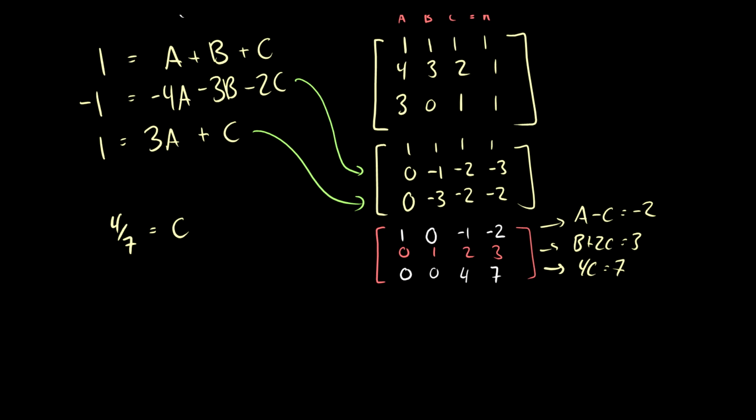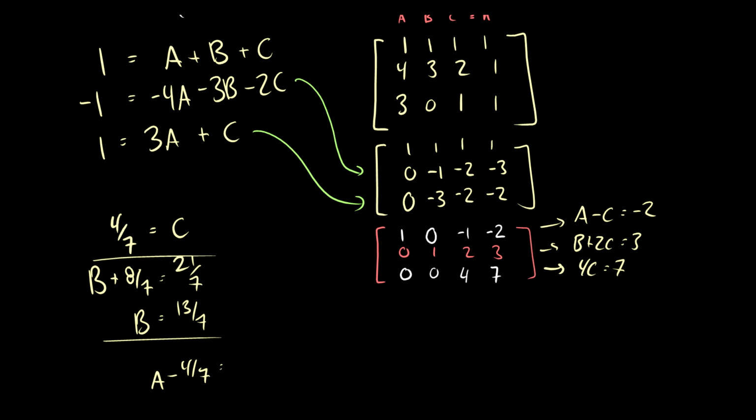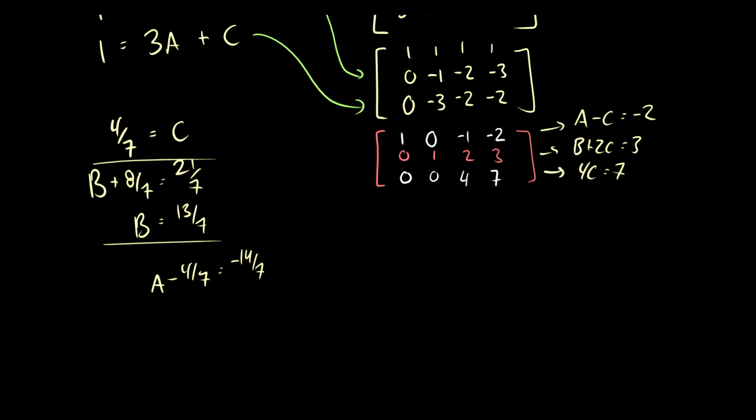So now that we have c is equal to 4/7, we know that b plus 8/7 is equal to 3, which is 21/7. So b is equal to 13/7. Okay, we got those two. And we know that a minus 4/7 is equal to negative 2, which is negative 14/7. So a is equal to negative 10/7.